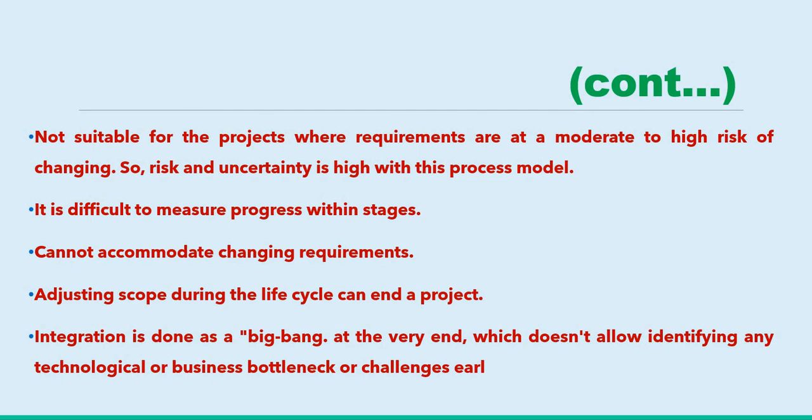Now one phase takes place after another. Integration is done as a big bang at the very end, which does not allow identifying any technological or business bottleneck or challenges that arise.